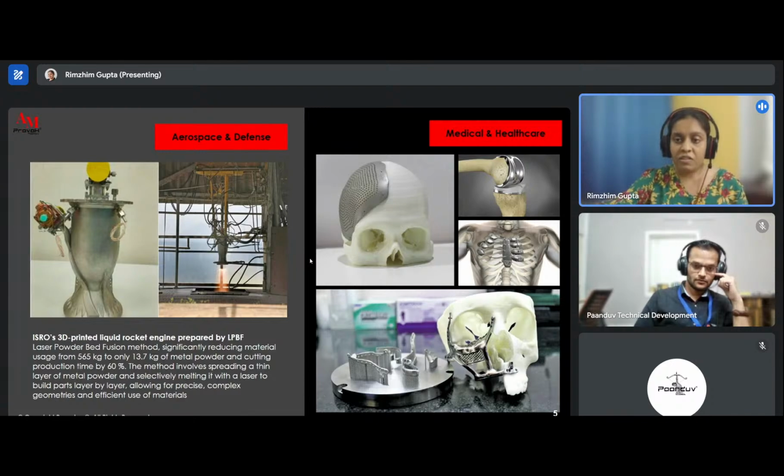Customization is very important in those industries, along with alloy development. Again, AM Pravah can be a savior here, because through AM Pravah you can understand whether the alloy is printable or not. So the printability can be gauged by using AM Pravah.